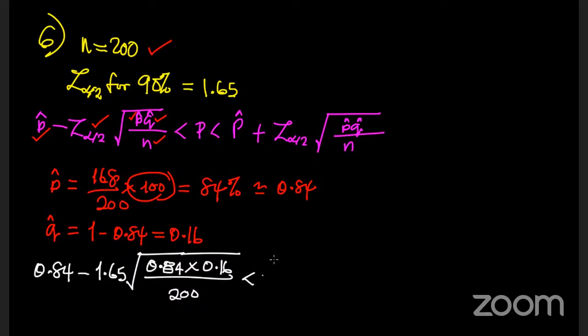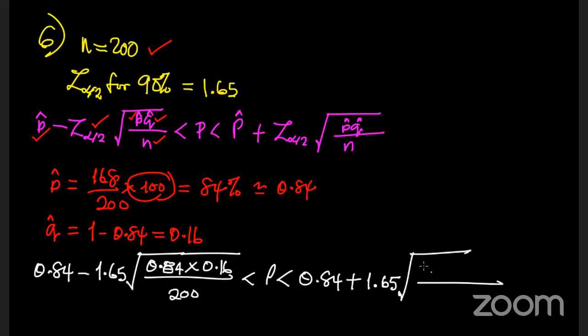This should be less than, and we repeat the same thing with a plus: 0.84 plus 1.65 times the square root of 0.84 times 0.16 divided by 200.